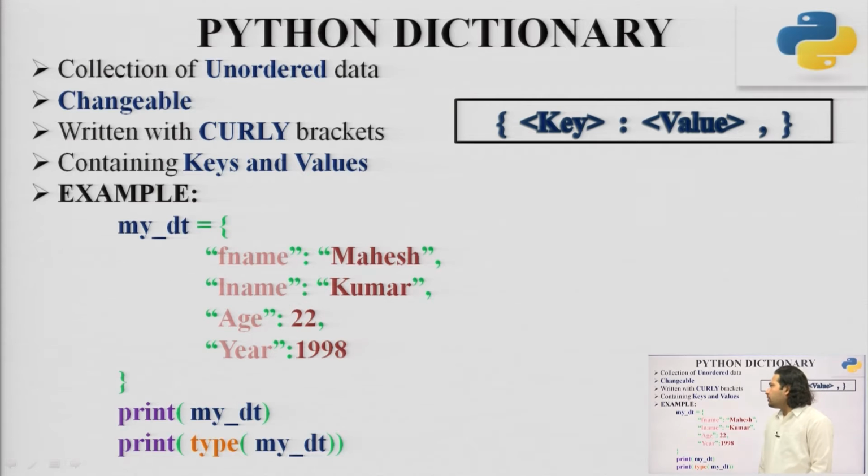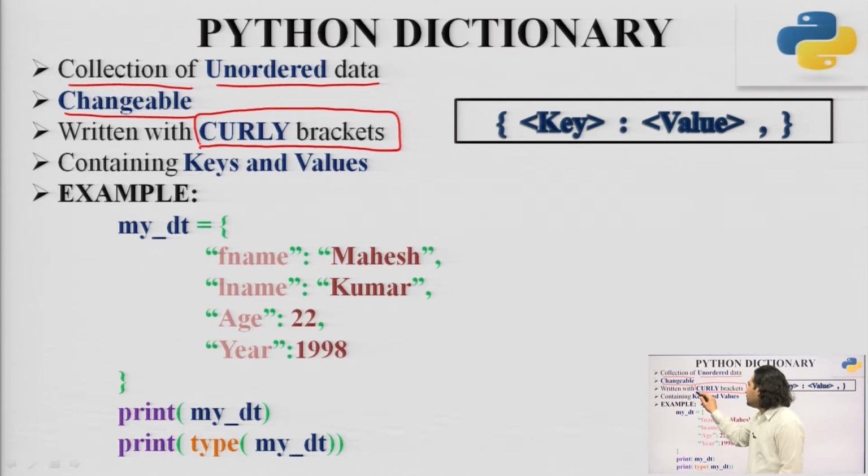The very first thing about the dictionary is that it is again a collection data type, but it is of unordered data. That means it does not have any sequence or indexing principle, just like in the list or the tuple. The next thing is that it is changeable, that means it is mutable. The next important characteristic of the dictionary data type is that it holds its members within curly braces, just like the set data type.